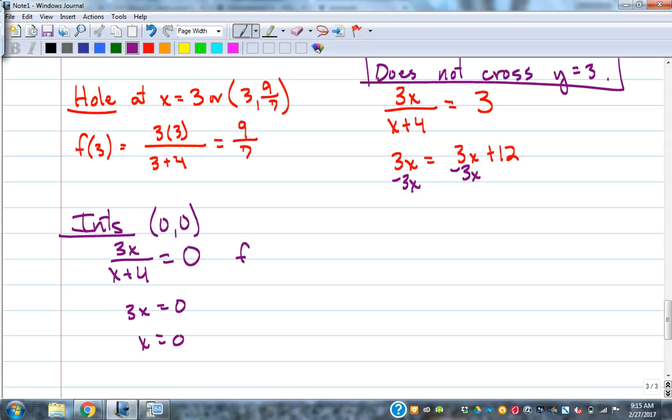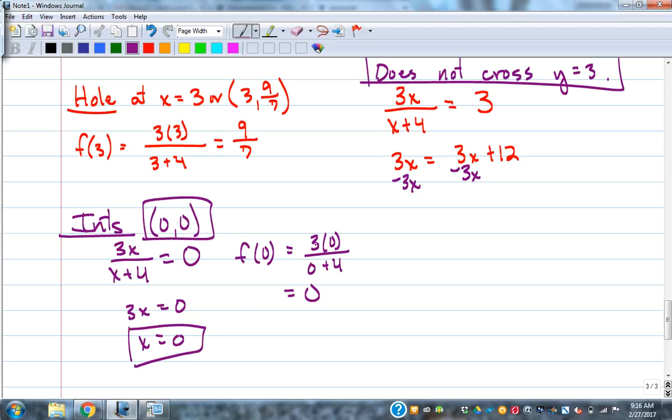And then to find the y-intercept, you should end up with 0, 0 being the only intercept we have, because f of 0 is 0, just like when you solve this, you got x equals 0. So there's only one intercept for this one. It's at 0, 0. On the bottom, that's 0 plus 4.